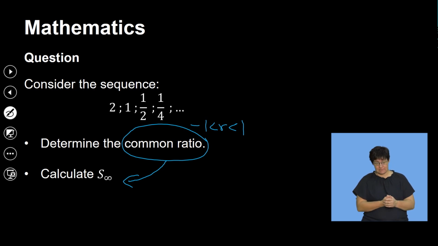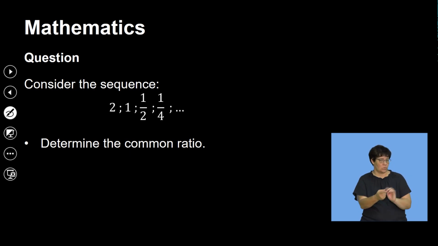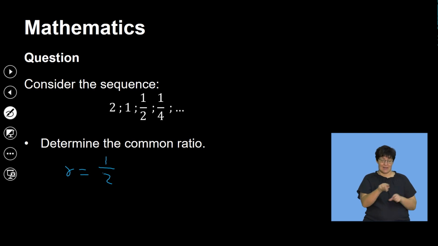So let's see what I'm talking about, right? The common ratio, remember, will be 1/2. So r will be equal to 1/2, which is the 1 divided by the 2 there. Let me just label them T1, T2, T3, so that you don't think it's this 1/2. So this is the same as T2 over T1, right?